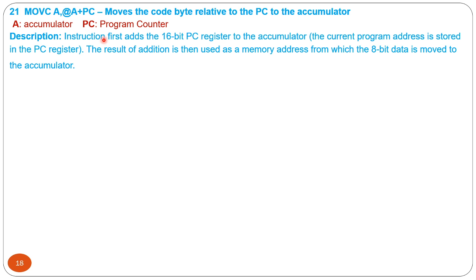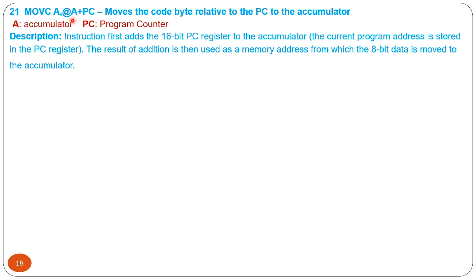Description of this instruction: it first adds the 16-bit program counter register content to the accumulator. The current program address is stored in the program counter register, and the result of this addition is then used as a memory address from which 8-bit data is moved into the accumulator.